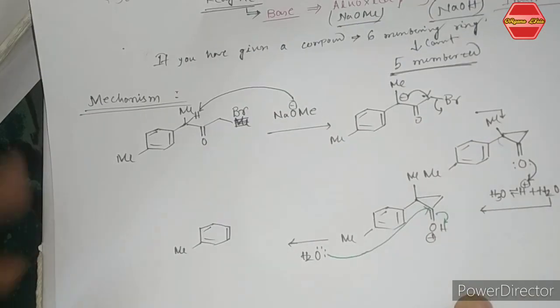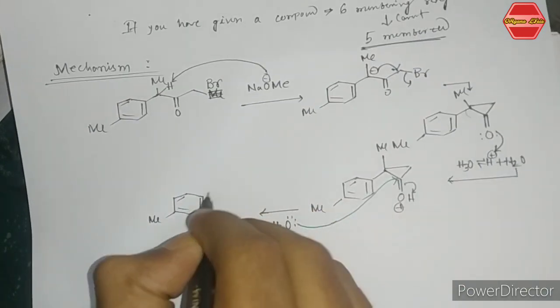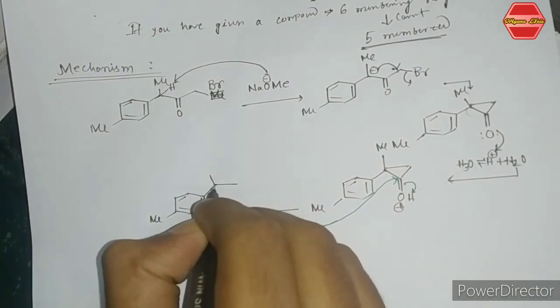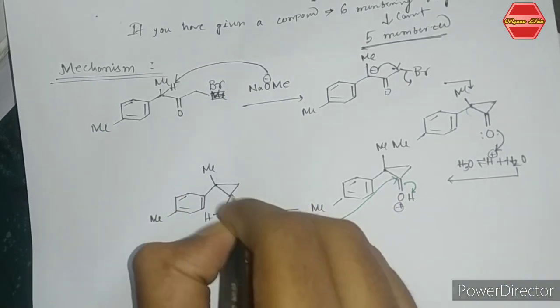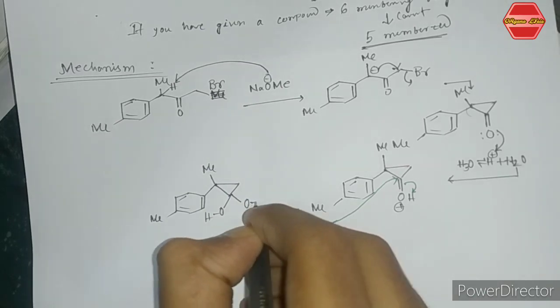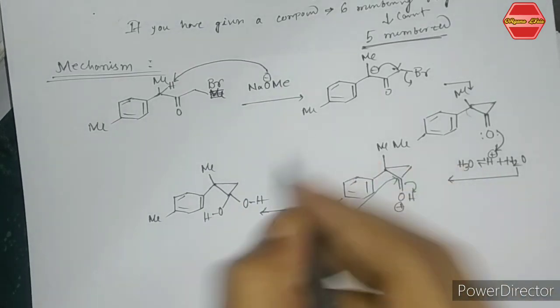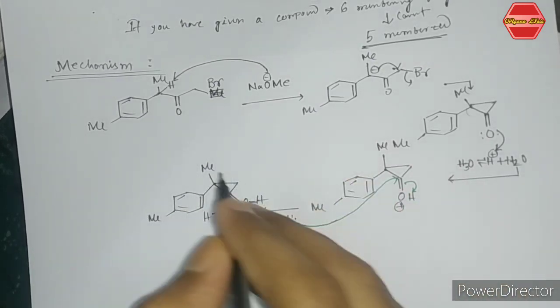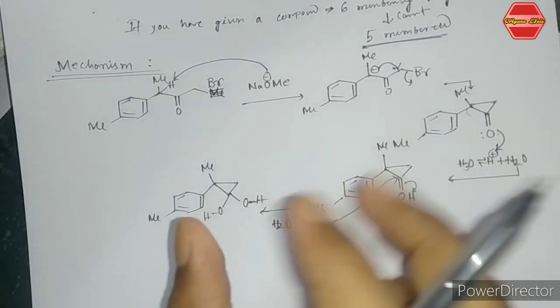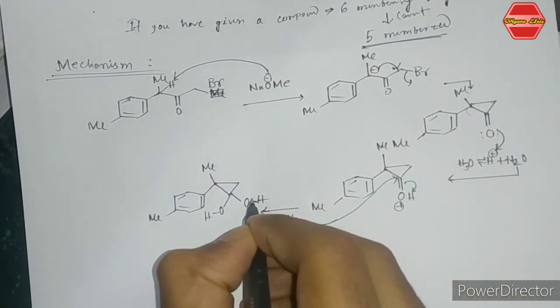Okay, now see, there is a Me, and here is your OH, and this is also your OH. Now there is opening of this 3-membered ring, because the 3-membered ring is not stable. It is a very strained system, so it tries to open up. And how does it open? These bonds will go up.